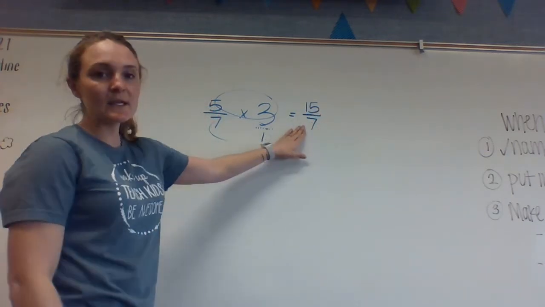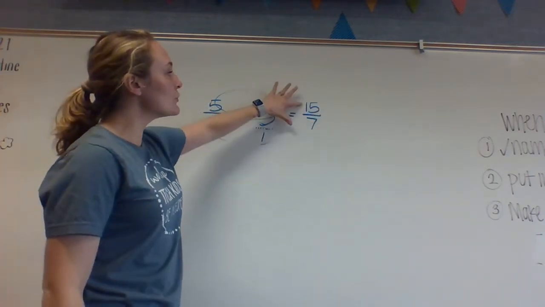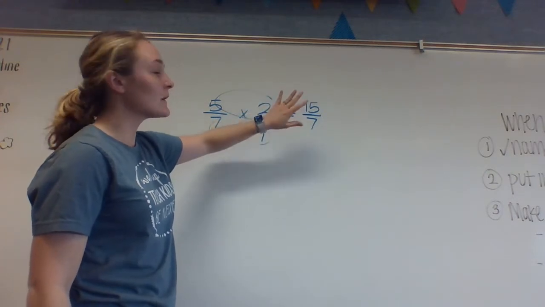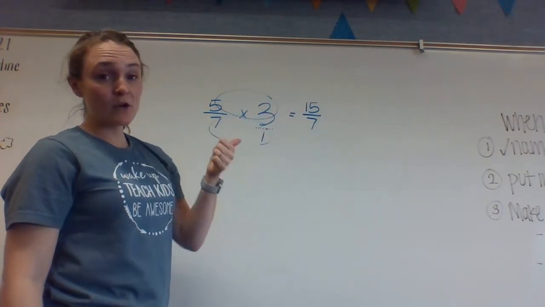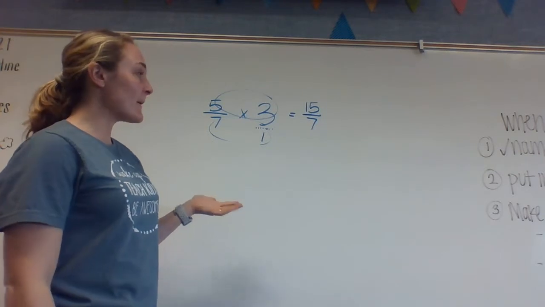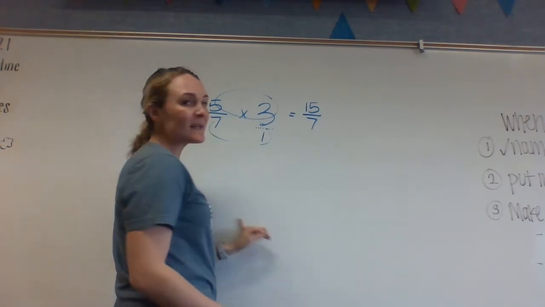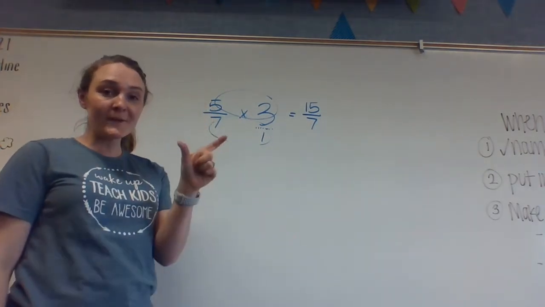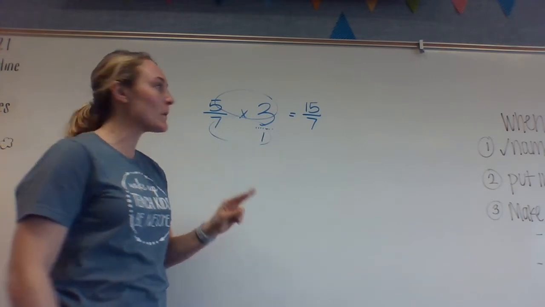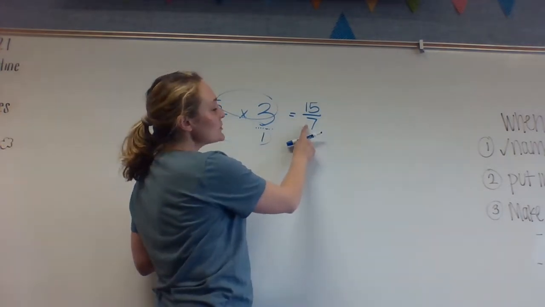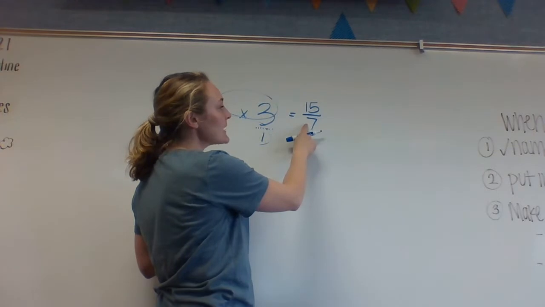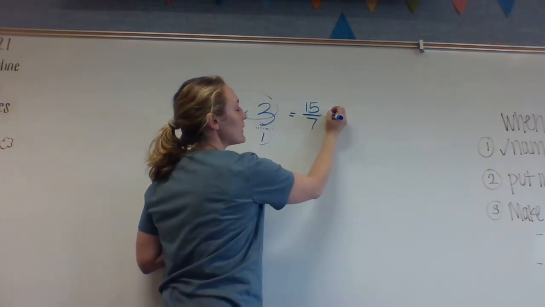In this case, this is an improper fraction, which means our numerator is bigger than our denominator. So you can either leave it as an improper fraction or you can change it back into a mixed number. A mixed number, again, has a whole number as well as a fraction, so it's like a two-part system. If I wanted to change this into a mixed number, I'd say, how many times does 7 go into 14 or 15?